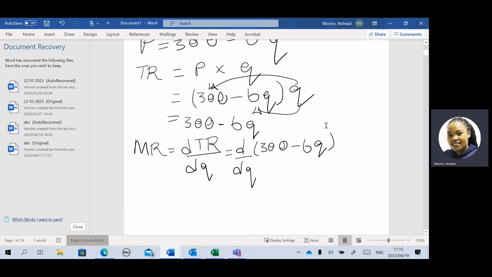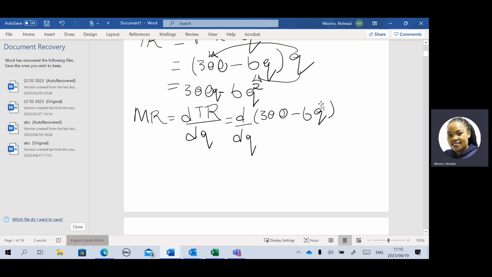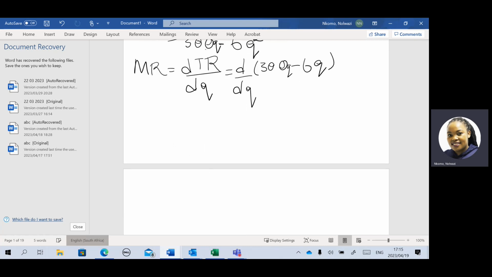Multiplying out, we have 300 times Q, which is 300Q, and minus 6Q times Q, which gives us minus 6Q squared. If we differentiate this, you should get 300 minus 12Q. So this is our marginal revenue.